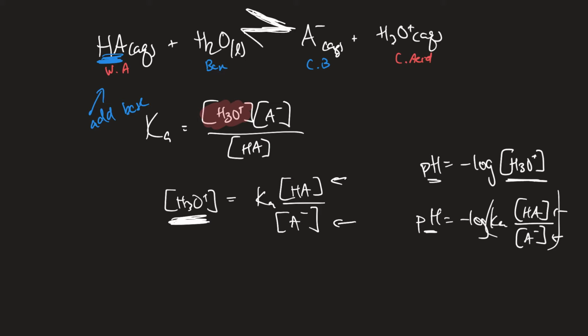When it shifts to the right, you're going to make more conjugate base. So if we add a base, we're going to decrease this, but at the same time increase this. The ratio is going to be roughly the same, as long as these two numbers don't change much. It's the same thing if we were to add an acid: the conjugate base is going to react with the acid.